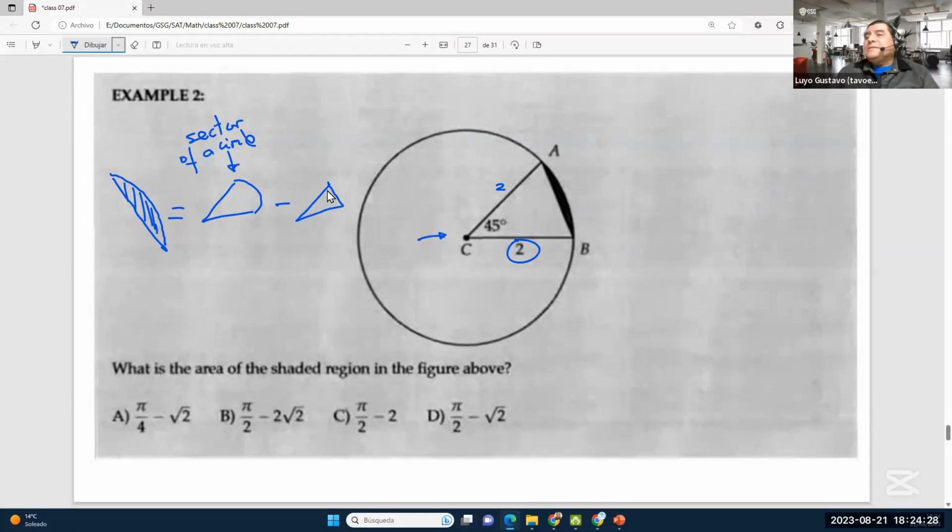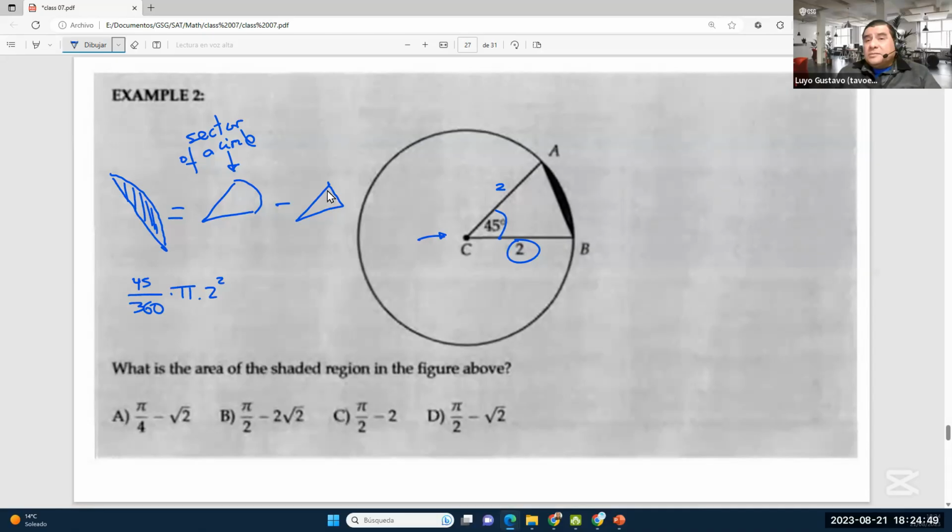The sector of a circle here, right? You can calculate by using the formula. What is the formula? It's 45 over 360, central angle over 360 times pi times 2 squared.